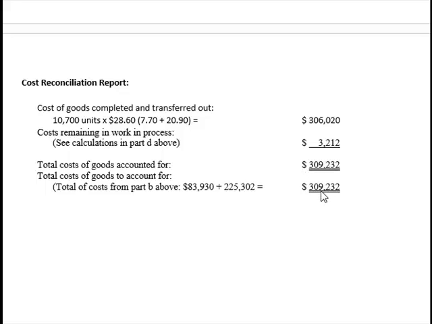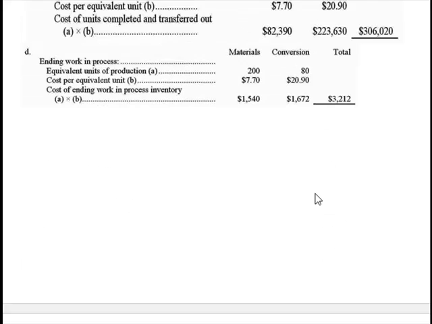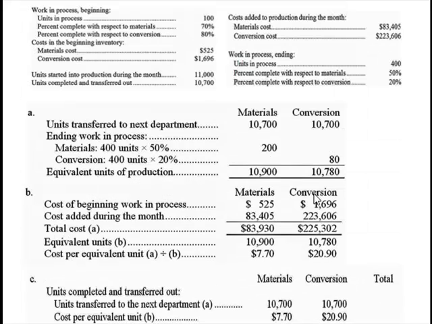So the last step then is to look at what were the total costs that we needed to account for. Well, going back to the first page, the costs that we needed to account for or explain where they went were these: the costs in beginning work in process and the new costs that were added during the month.